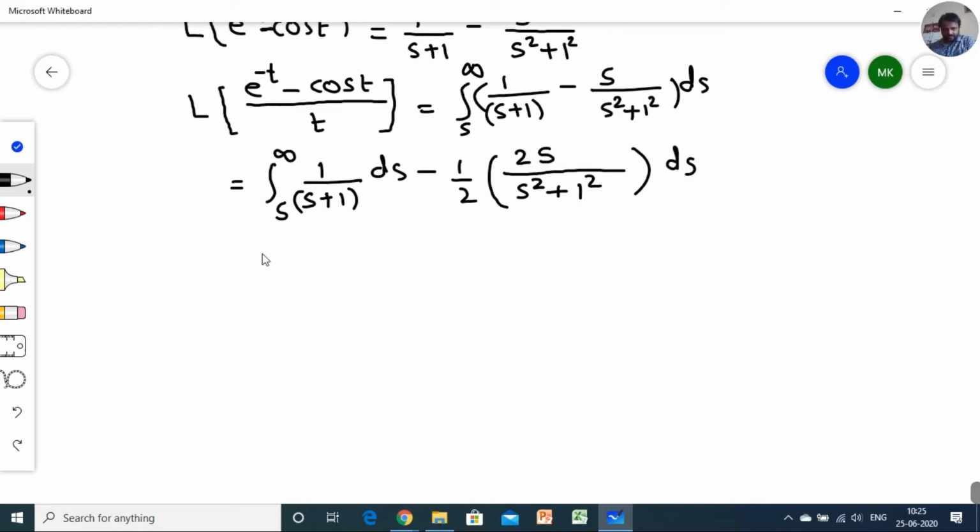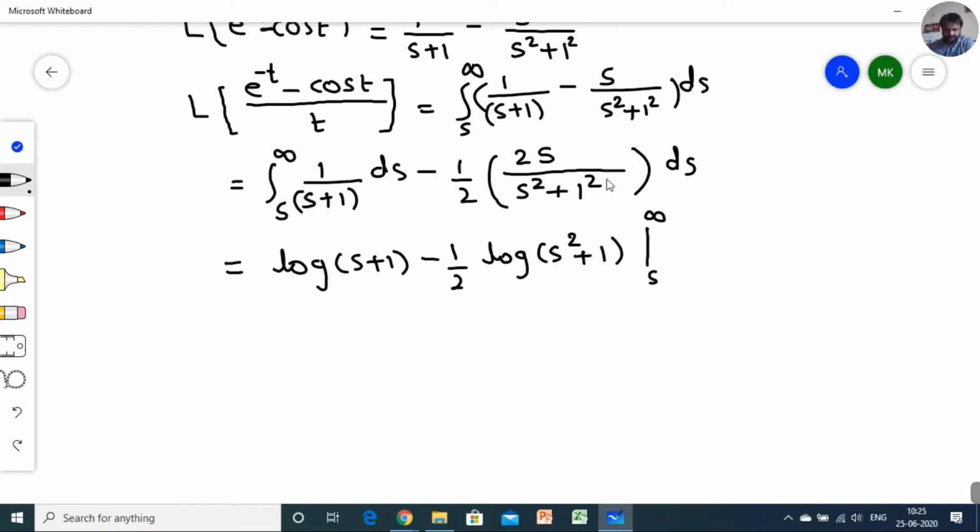Now the result becomes log of s plus 1 minus 1 by 2 log of s square plus 1, with limits s to infinity.